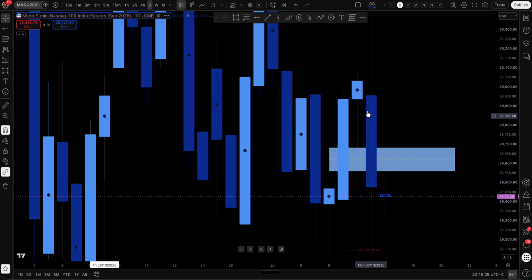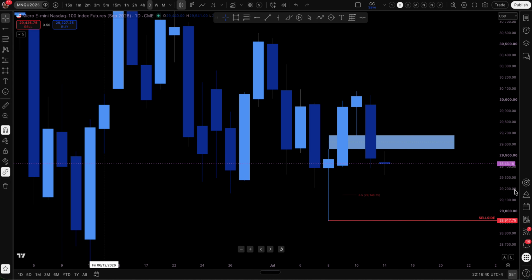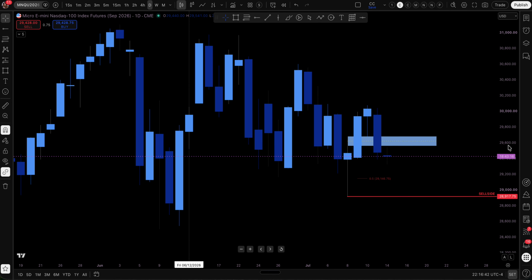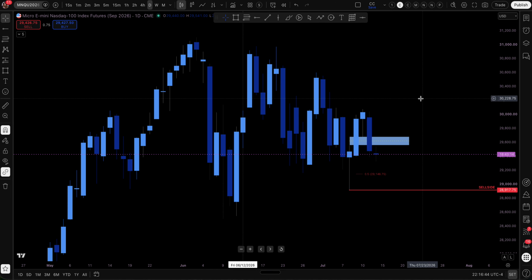So there's no gap here, there's no gap here, there's no gap here. There is a gap here formed right now, but this candle is still forming, so I'm not too concerned about that. So that's how I start off on the higher time frame, looking at the daily chart and determining what I expect.